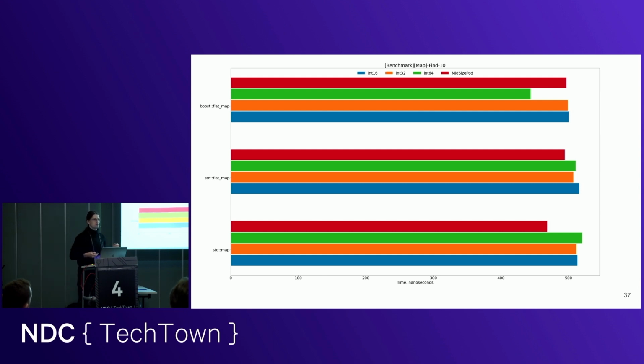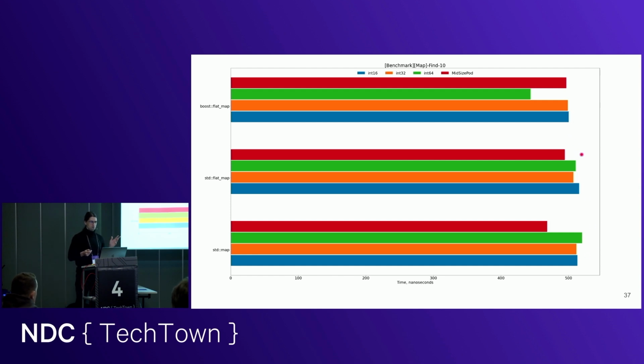Yeah? Okay. And the time is in nanoseconds. For small numbers of elements, that's just a scale, but for a large number of elements, that will be logarithmically scaled because otherwise you cannot fit it. You will see. And for find, we can see that it's more or less the same benchmarks.